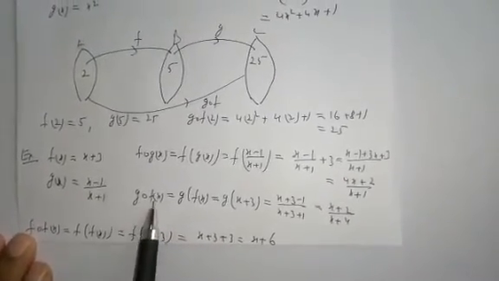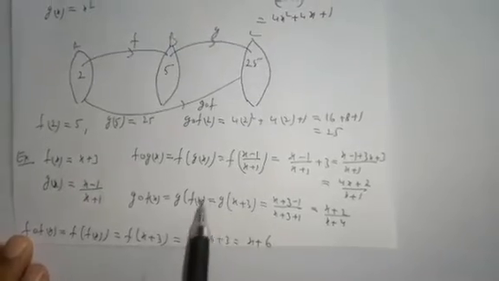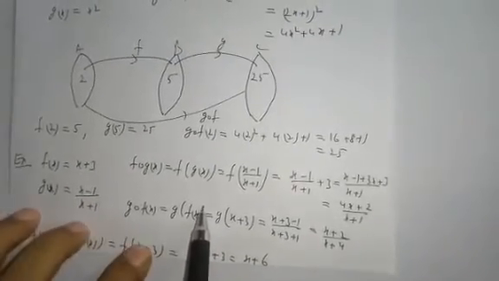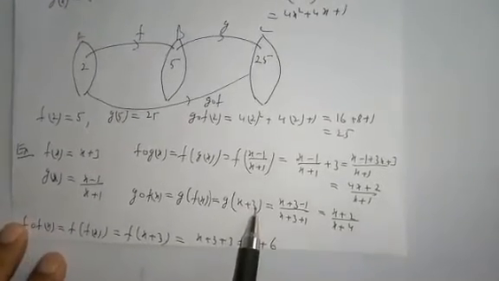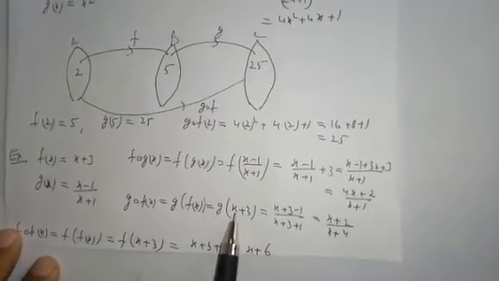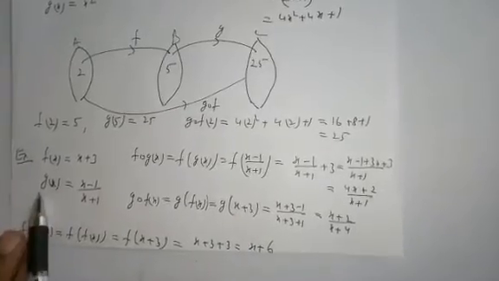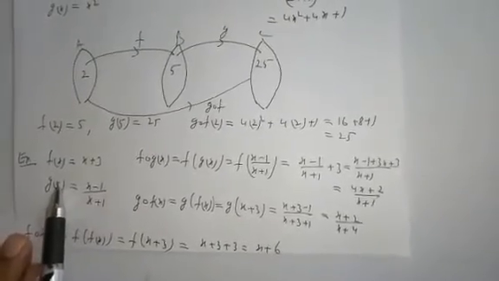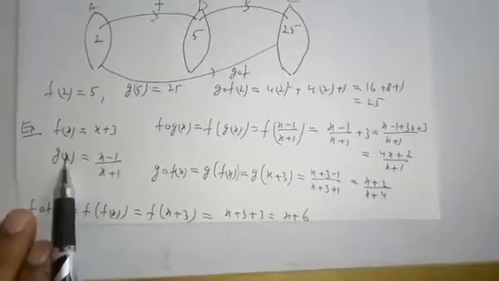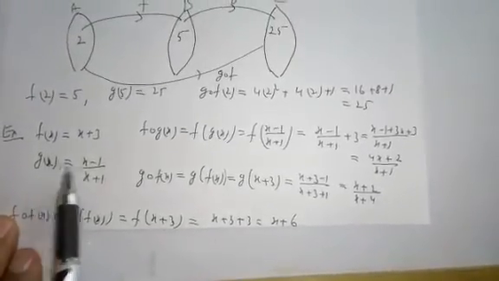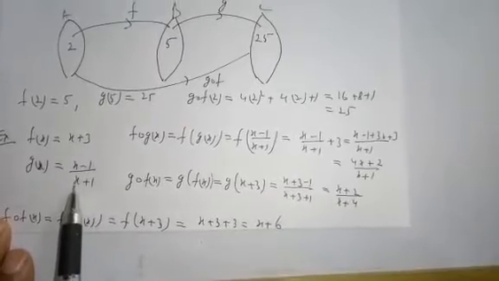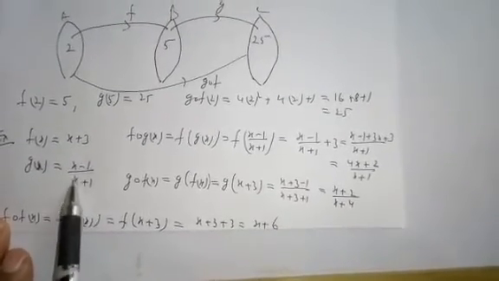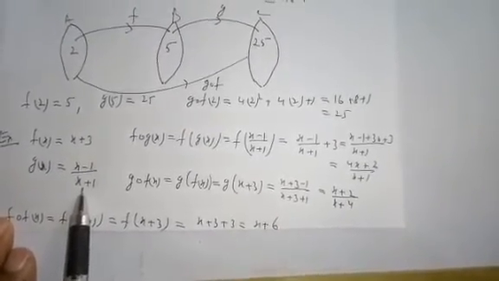gof means g is applied on f(x). So now put the value of f(x) here. f(x) is x plus 3, and now apply the g function on this one. The functioning of g is that first of all it subtracts 1 from the input, and in the denominator it adds 1 to the input.